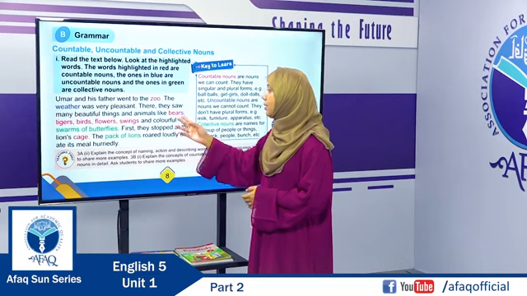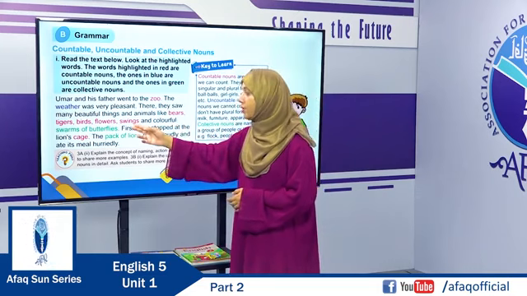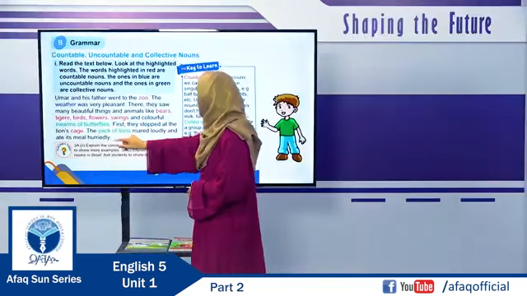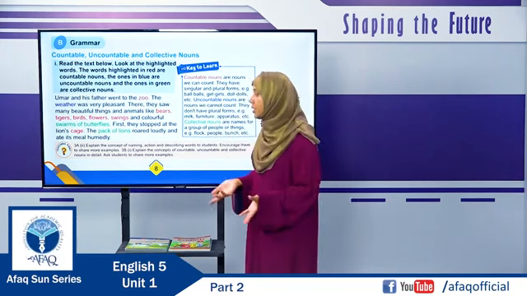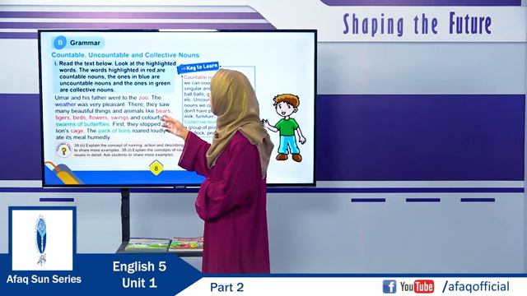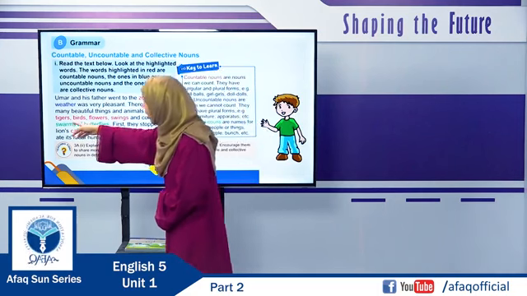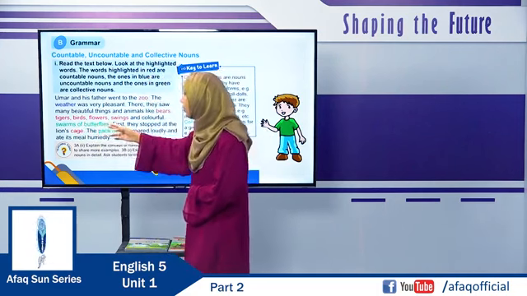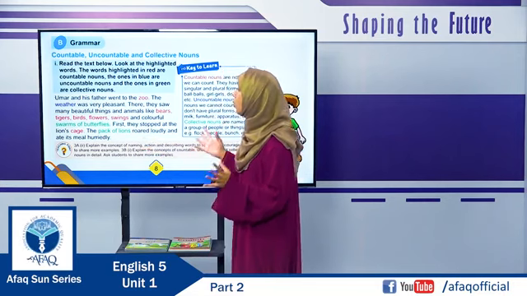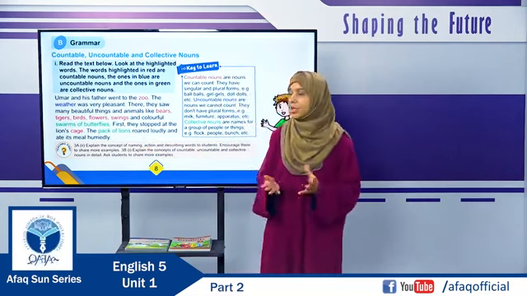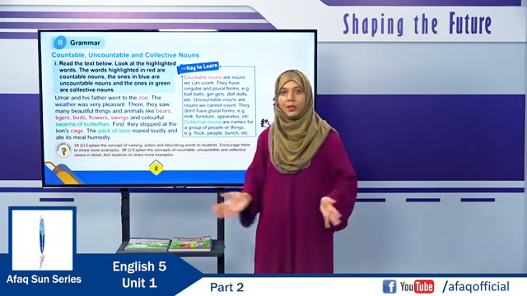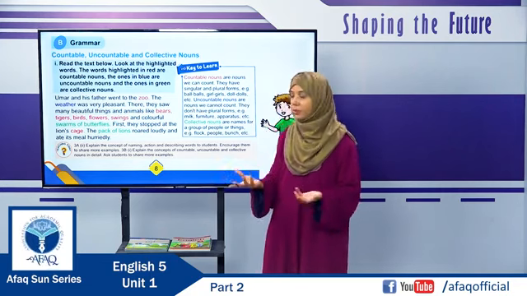So in this sentence, there are some countable nouns and one collective noun as well, because collective nouns have been highlighted in green. The countable nouns are bears, tigers, birds, flowers, and swings, whereas swarms of butterflies, this is a collective noun. So a group of butterflies is called a swarm.